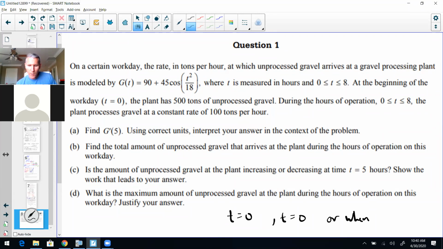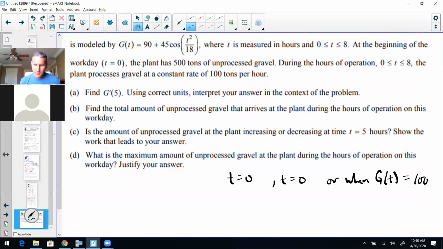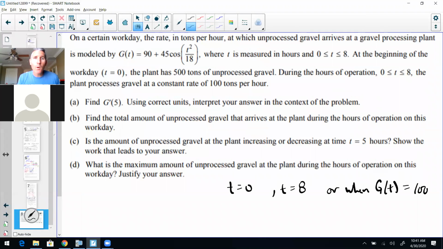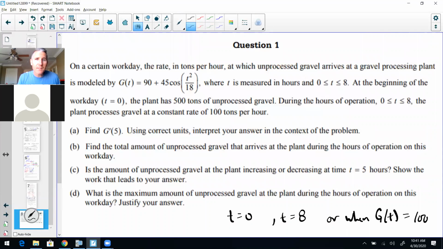So, when G of t equals 100, or G of t minus 100 equals 0, same thing. I said 0 but meant to put an 8 there. So when t is 0, when t is 8, or when the rate coming in equals the rate going out.